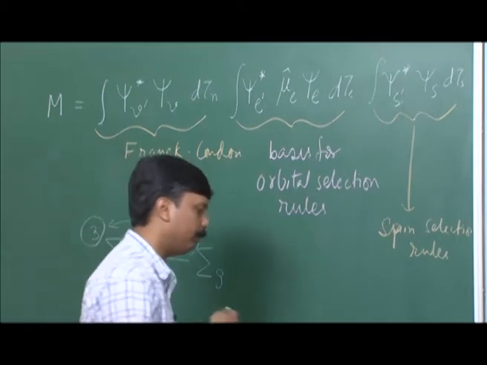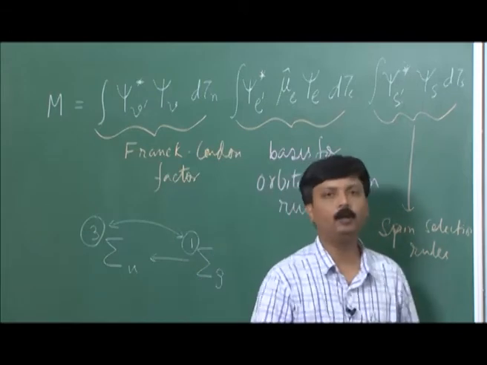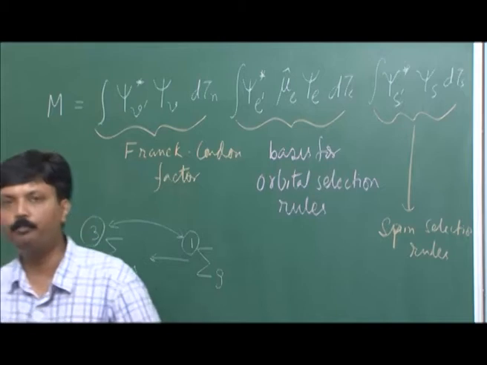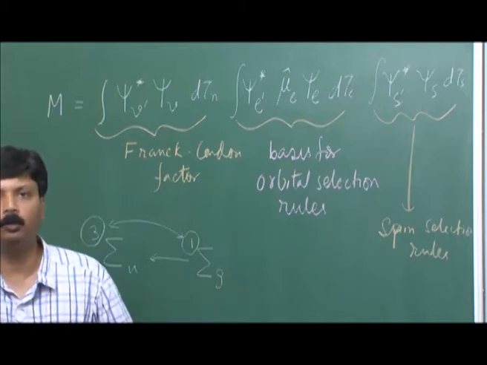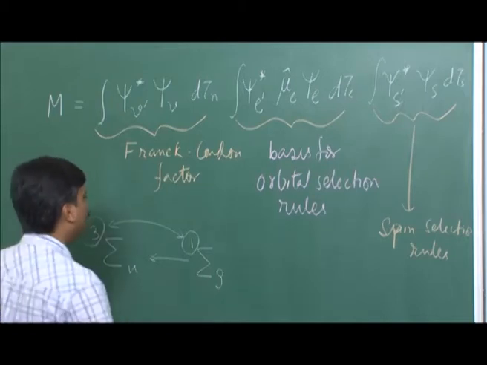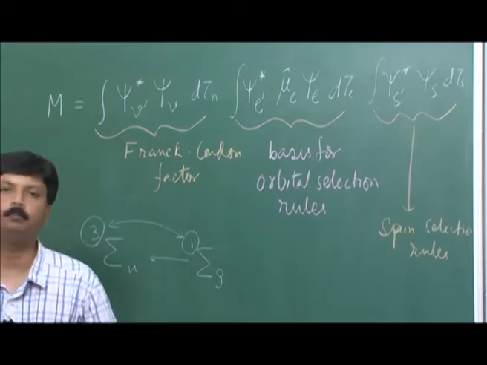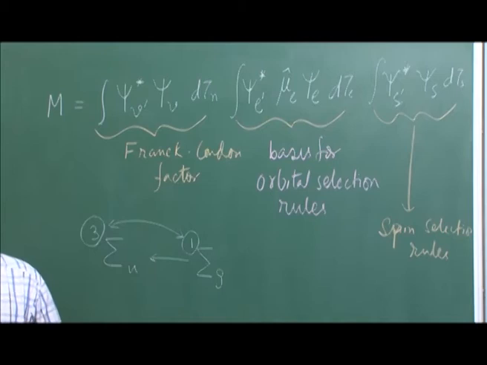Because these spin wave functions having two different multiplicities are completely orthogonal. Therefore, unless the spin multiplicities of the two states involved are the same, the transition is forbidden.